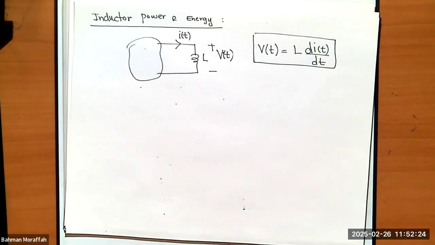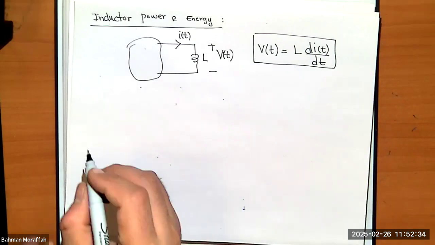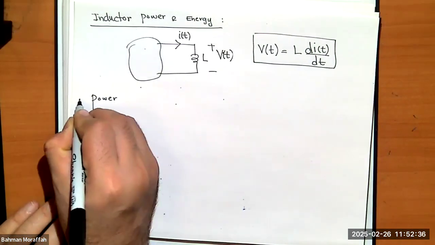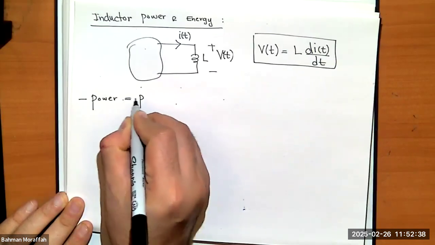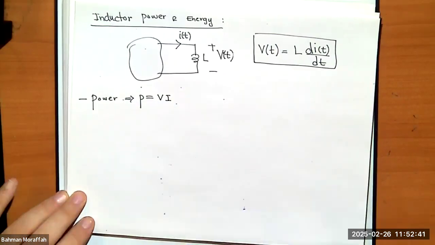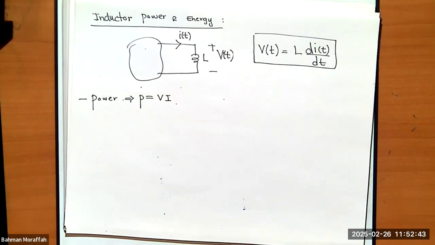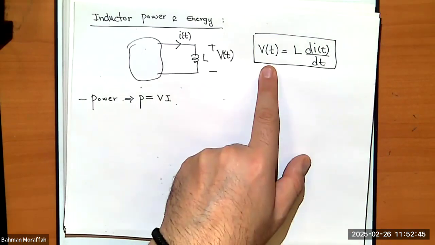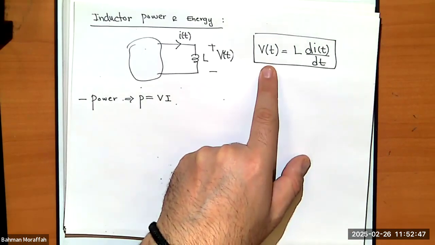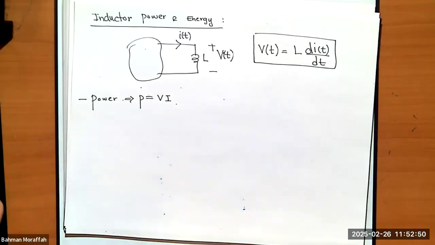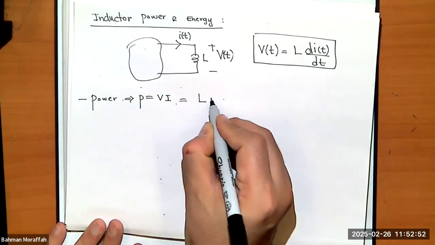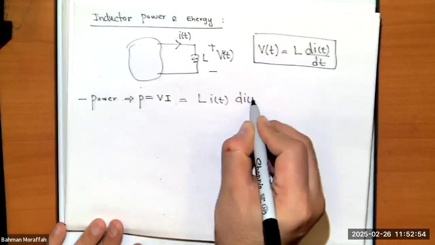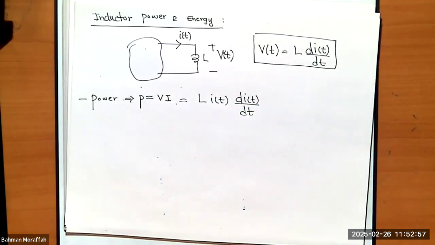So if we have any element in the circuit, power dissipated by that element equals vi. So power is always equal to vi, right? But I know v follows this equation, so if I multiply it by i I get L i(t) di/dt.